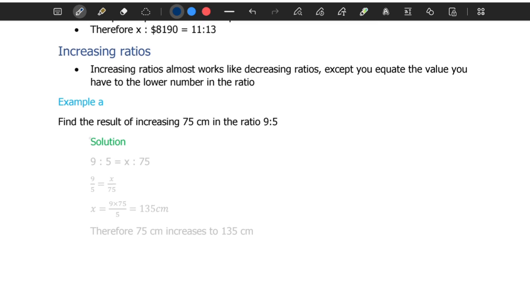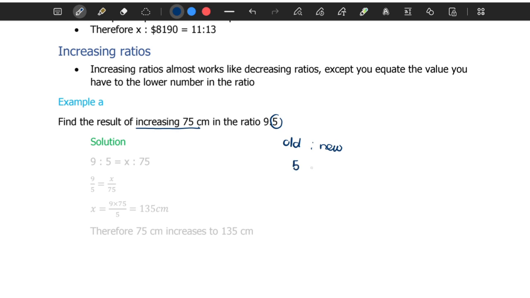So an example says, find the result of increasing 75 centimeters in the ratio now 9:5. Again, we have old is to new, whichever order you prefer, you have to maintain that. So it was increasing, right? Which means that the old has to be the smallest one.